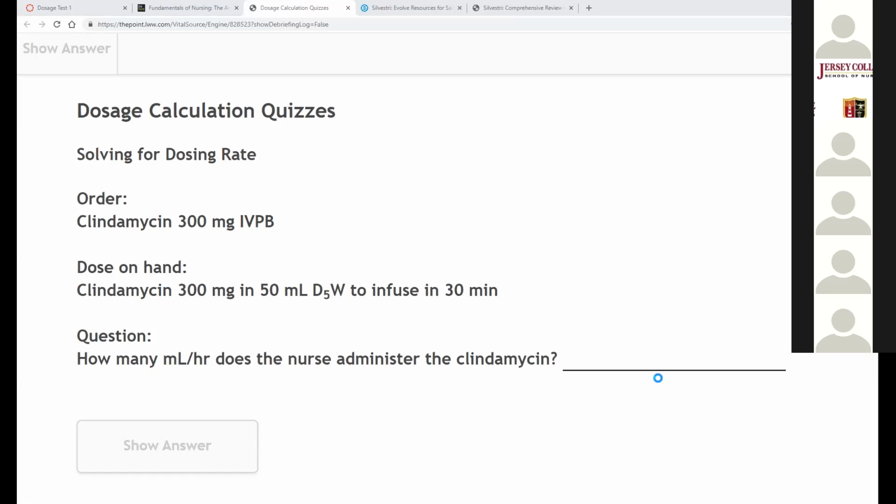And your time is in minutes, so you have to convert that to hours. So our total volume is 50 mLs, and our time in hours, we just said 30 minutes is equivalent to what? 0.5. So we have 50 divided by 0.5.